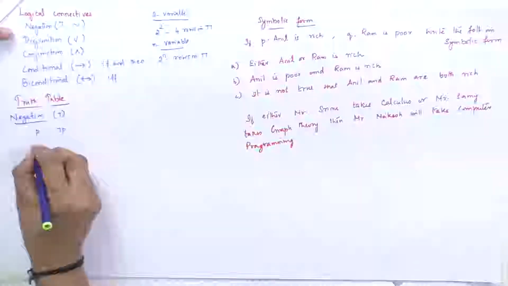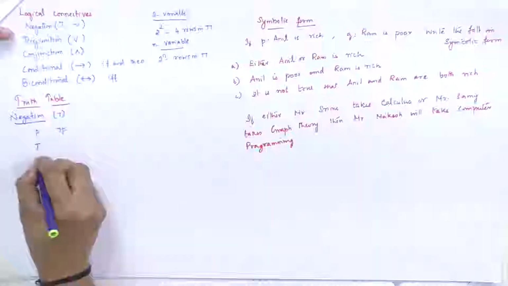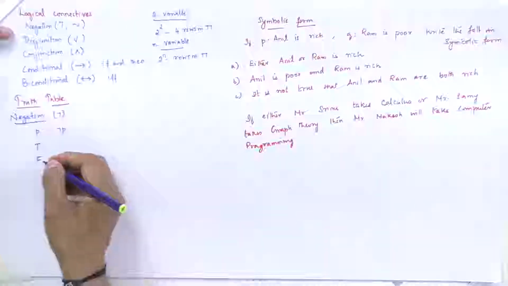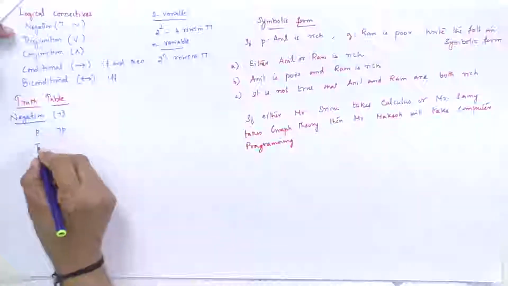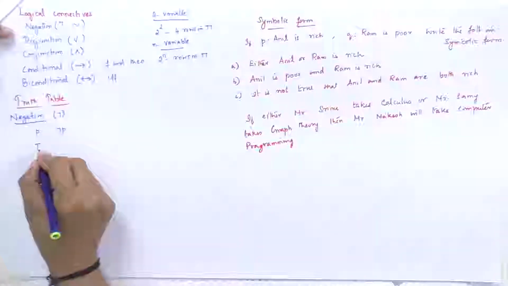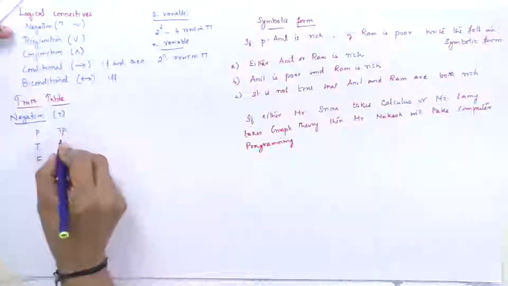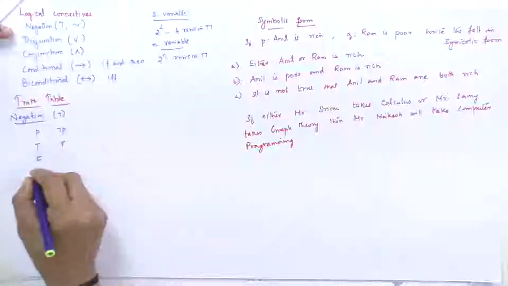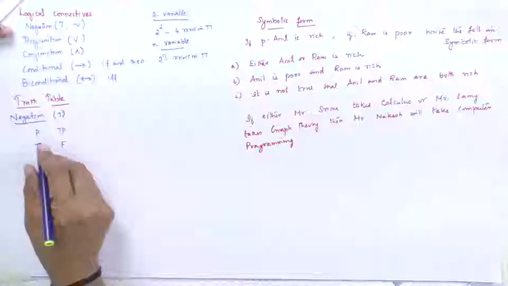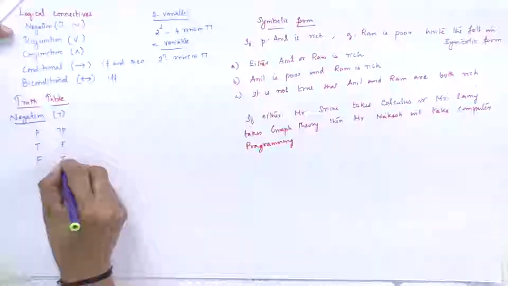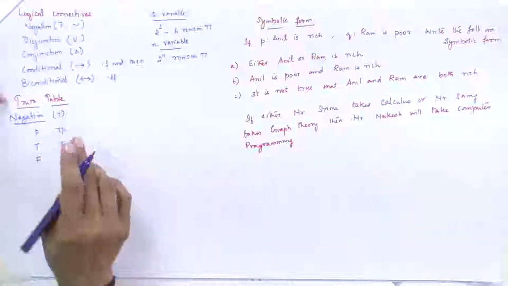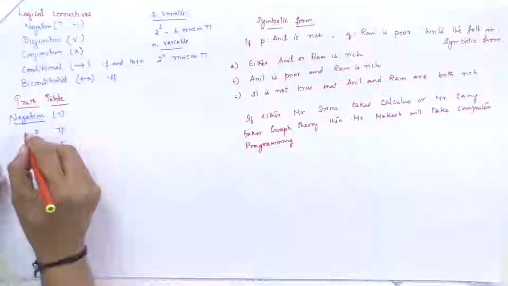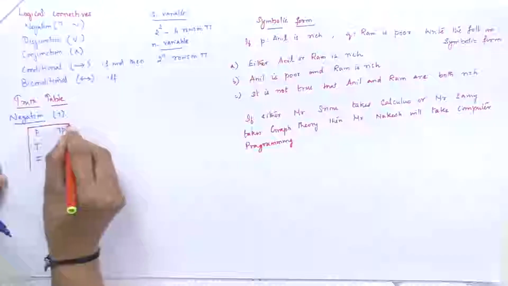Here p can have the truth value T or F, which are the only possibilities for this variable. If p has the truth value T, then the truth value of not p will be F. If p is false, then not p will be T. This will be the construction of the truth table for negation as a connective. Understood?